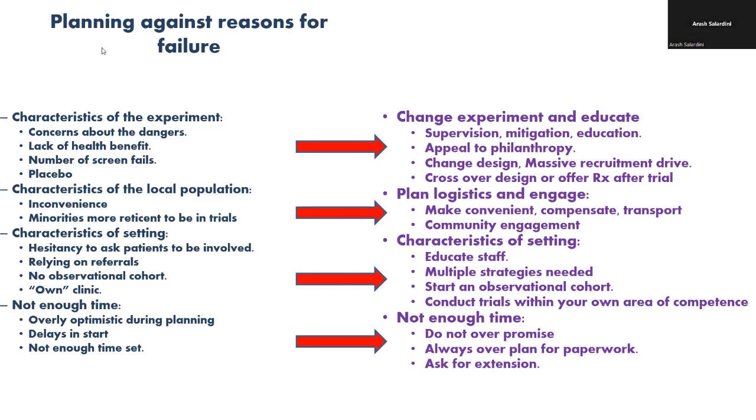People are concerned about being in the placebo arm, so crossover design and having an open label period after the definitive trial is finished is often an incentive. You try to make it as easy and convenient for people to do it.